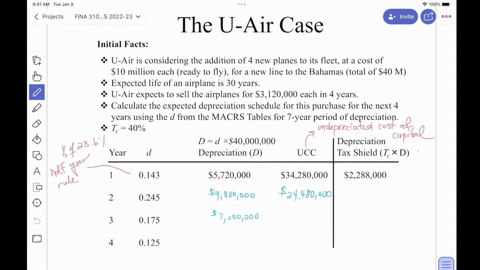So after $7 million, $17.48 million. And then finally, it's $5 million.